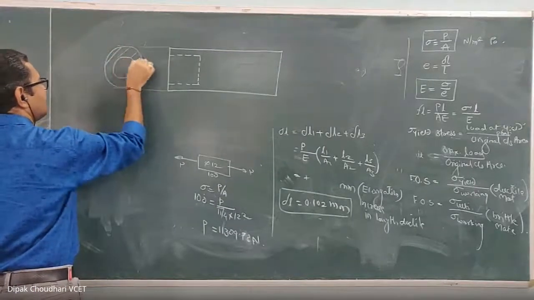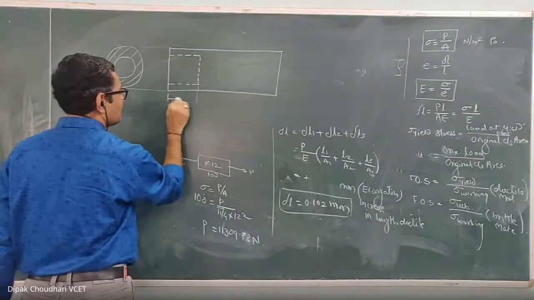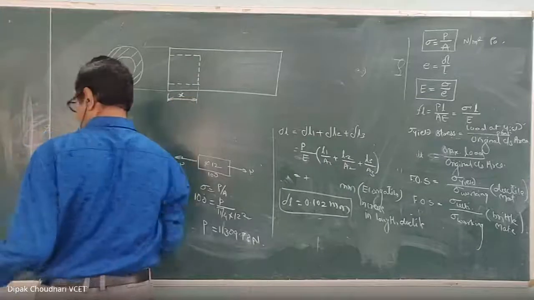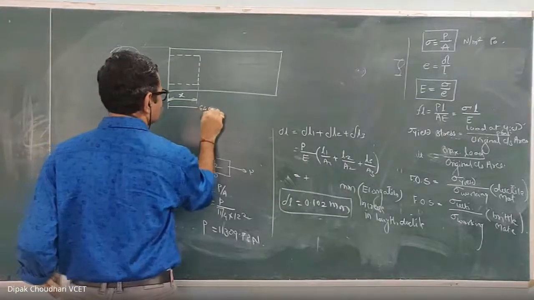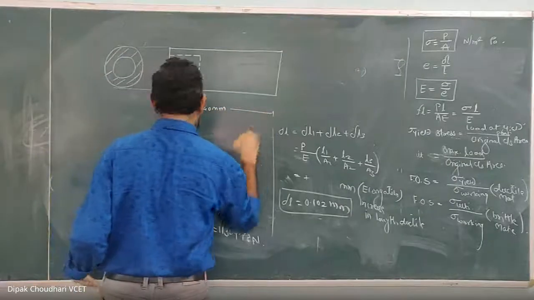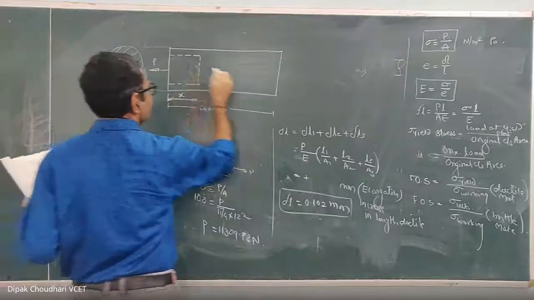This is the area. But the depth of this circular hole is up to x. The total length of this rod is 640 millimeter. And this rod is subjected to an axial force P.